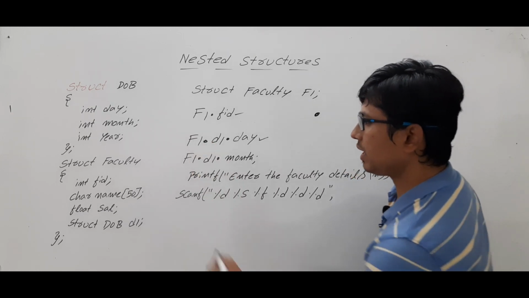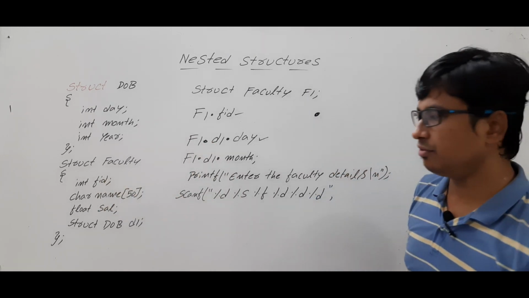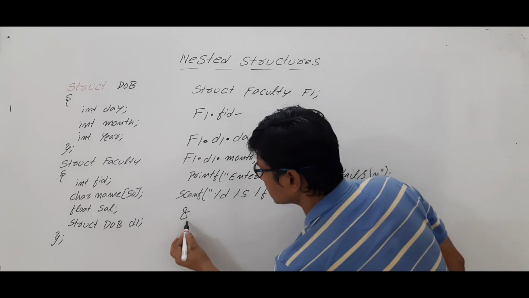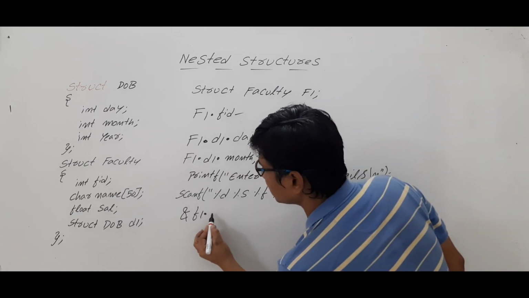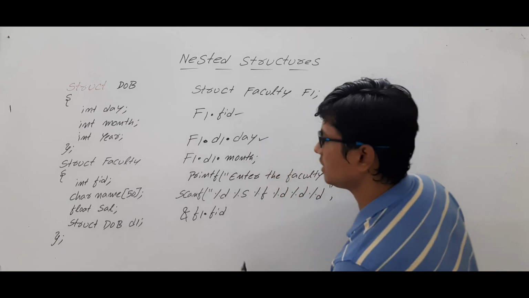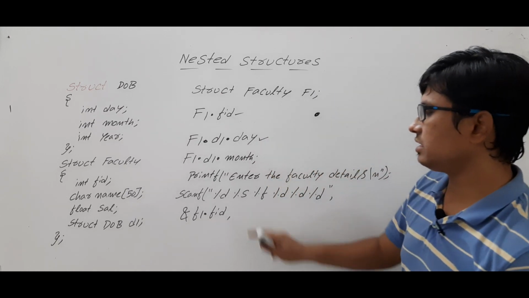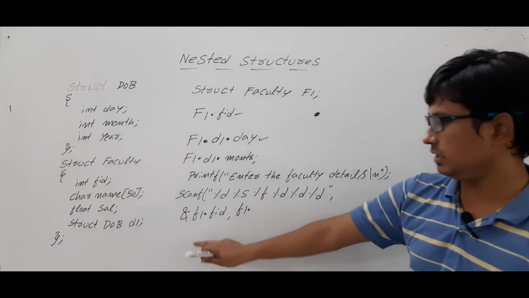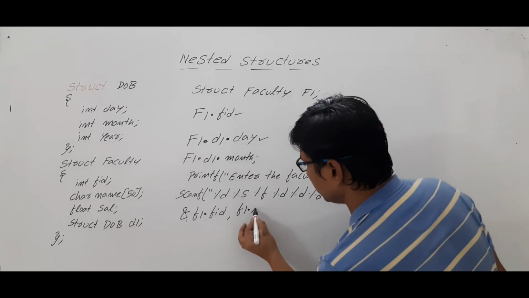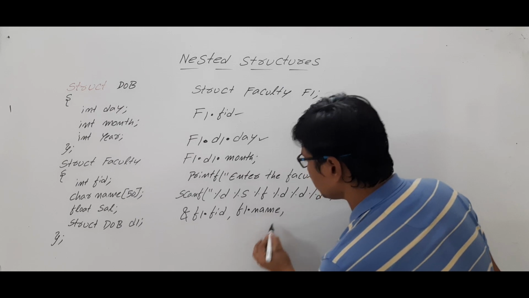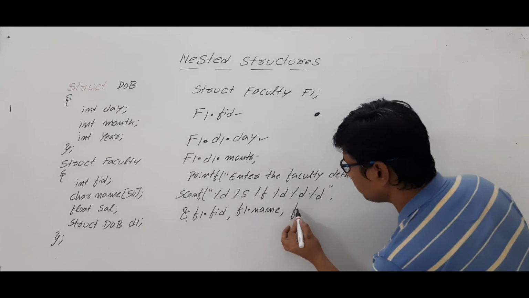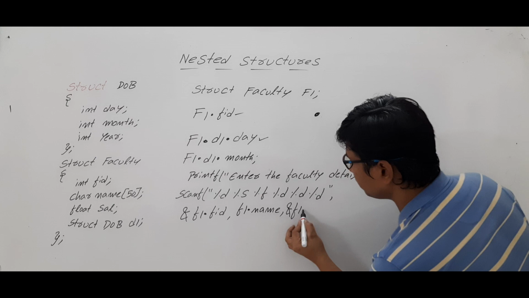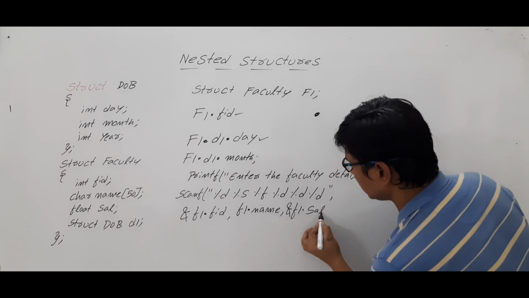Okay, now I want to read the faculty ID. So percentage d, ampersand of f1 dot fid. Is it clear? And as name is a string, I no need to write ampersand. Okay, f1 dot name. Are you able to understand? And salary %f, ampersand of f1 dot sal.